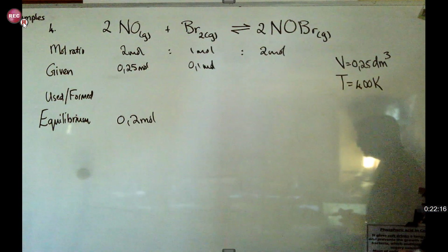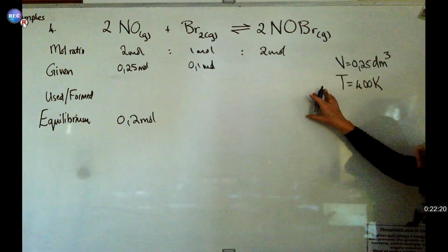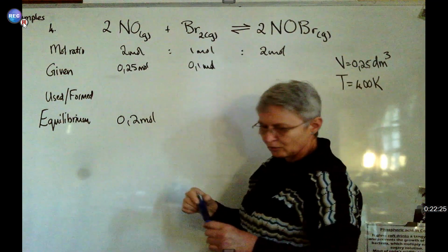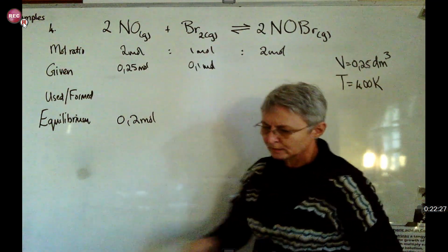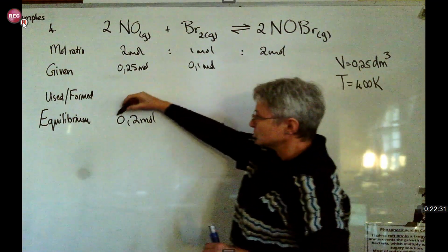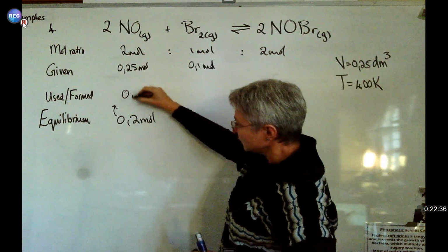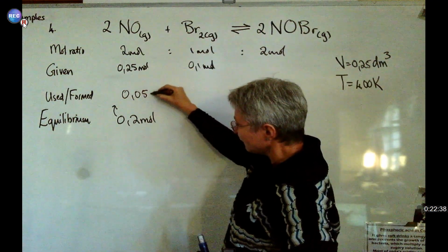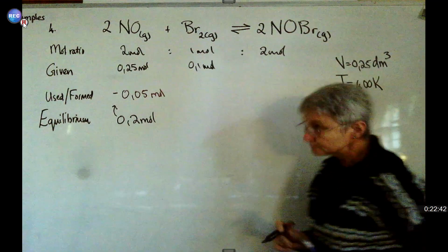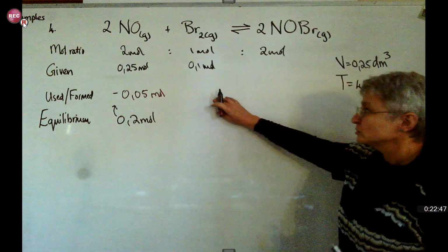We need to change the moles to concentration. But first of all, we need to work back from this. How much of the nitrogen monoxide was used? 0.05. So 0.05 moles was used. How much of the bromine would have been used?